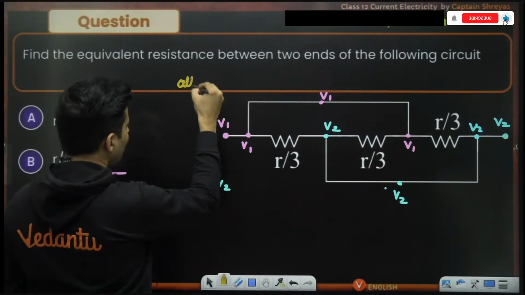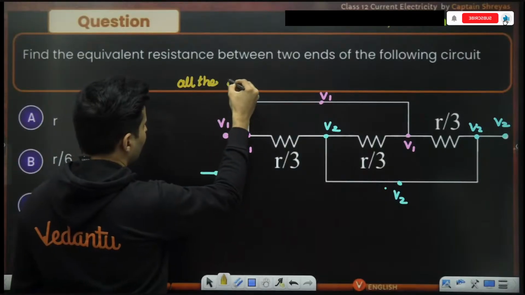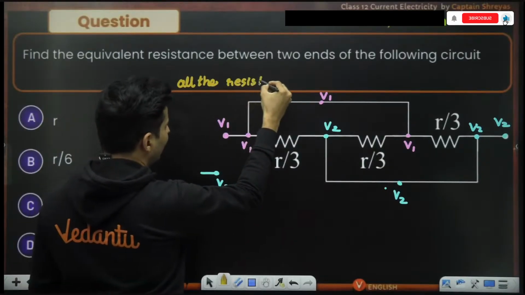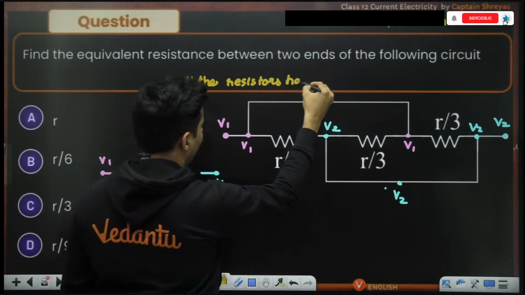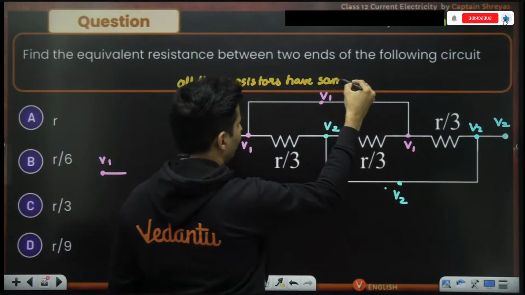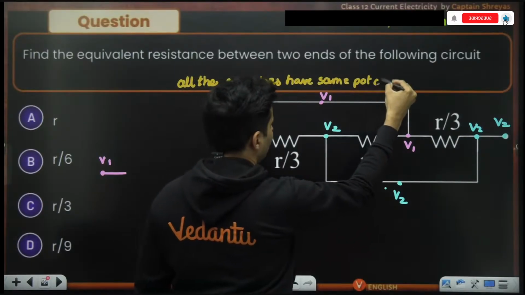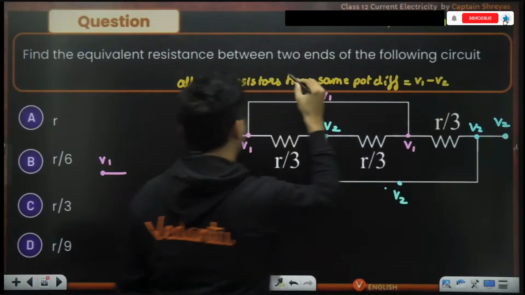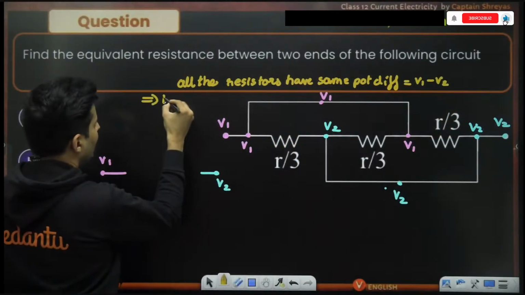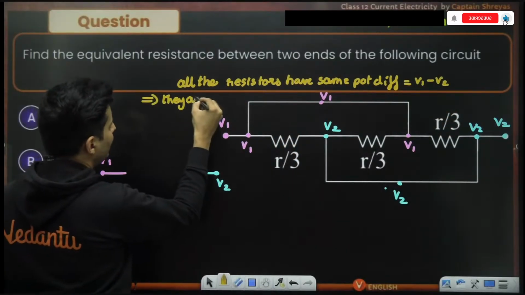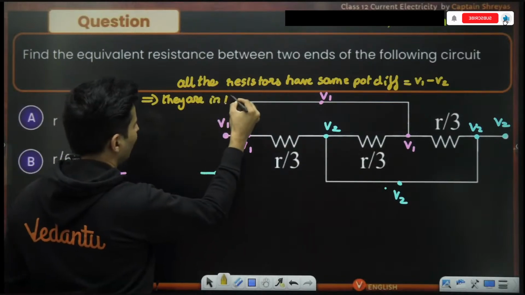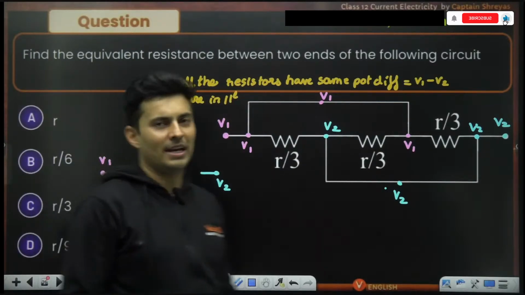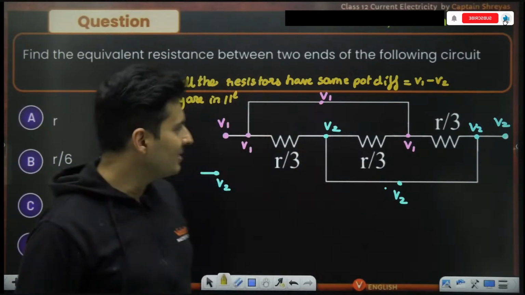All the resistors have the same potential difference, which is V1 minus V2. What does this tell you? They are in what? Series or parallel? Obviously, they are in parallel because only in parallel the voltage differences are the same.